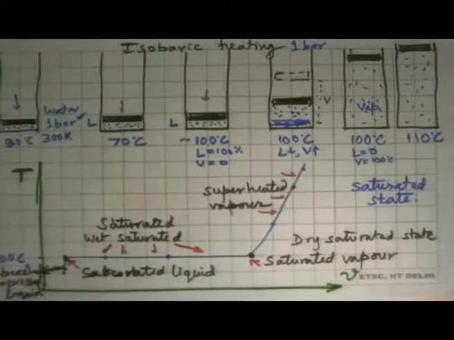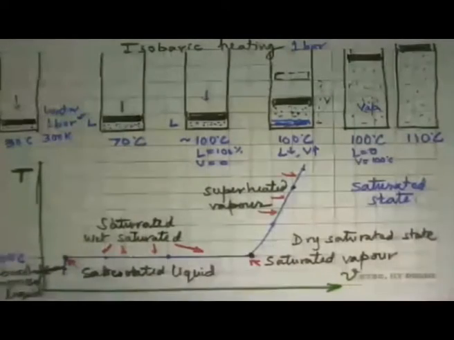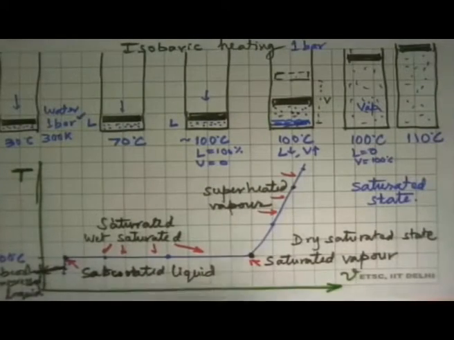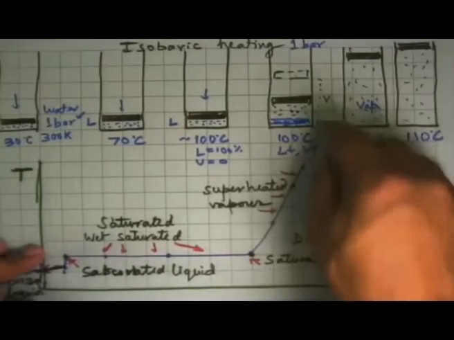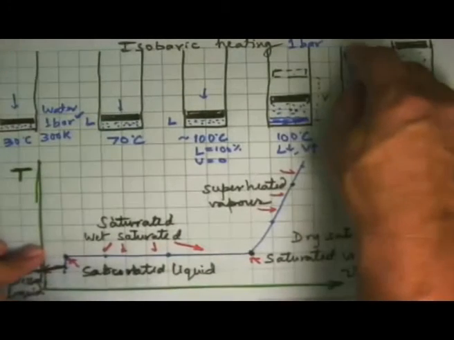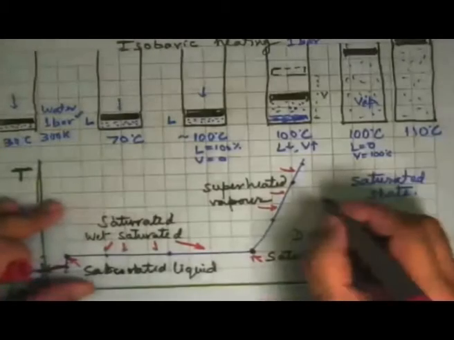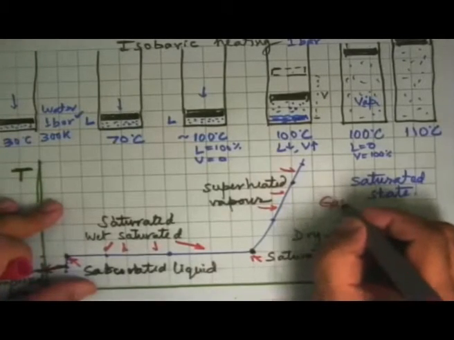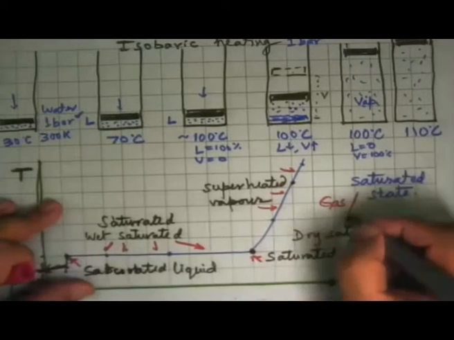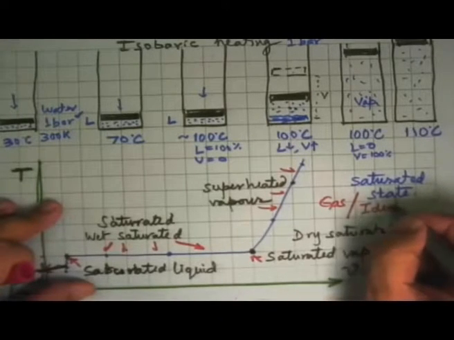Now let's take this problem further and say, keep heating it, what will happen? Well, what this picture tells you is that it will keep on going up this way. Specific volume will keep increasing, temperature will keep increasing, the vapor becomes more and more superheated until finally it is starting to behave like a gas. And if you heat it even more, it will start to behave as an ideal gas.